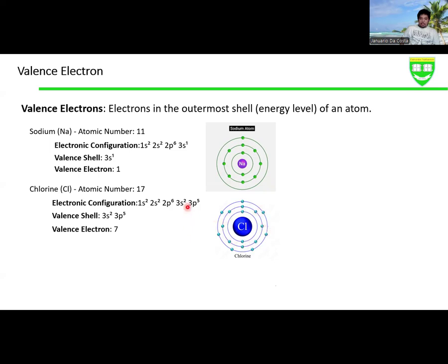And then the third energy level is 3s2 and 3p5, which makes up 7 electrons. So the valence shell is the third energy level. How many valence electrons do we have in the chlorine atom? 7. You have 7 valence electrons in chlorine atoms.